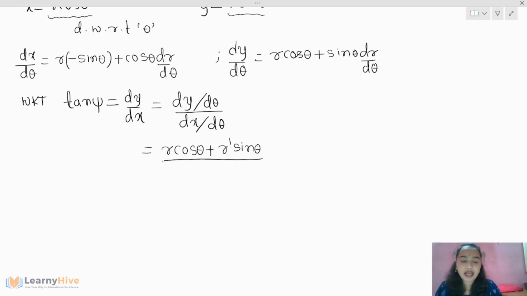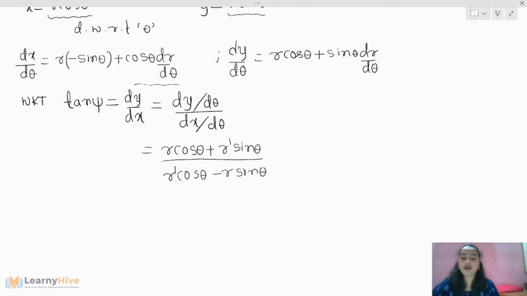Again here, I'll write the positive term first, that is r dash, which is dr by d theta. Next, cos theta, we will take as it is, minus r into sine theta.